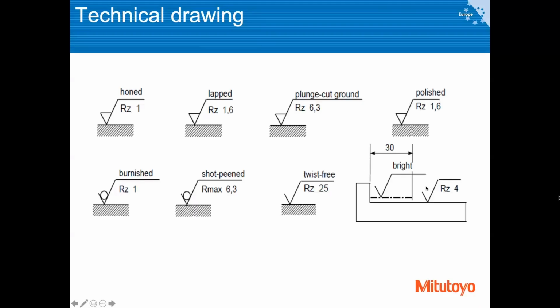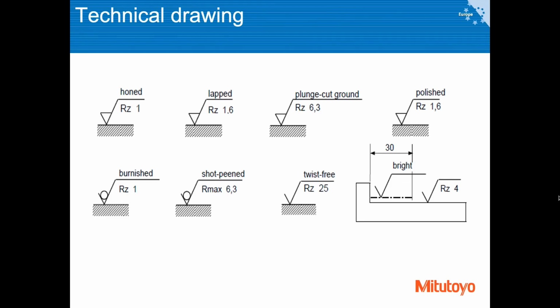Here are different examples of how it could look, and it is very important that you put this square root sign, or the roughness symbol, on the specific surface which needs to be checked. You don't apply it to all of the surfaces, but only to the surfaces which really need to maintain a certain quality.